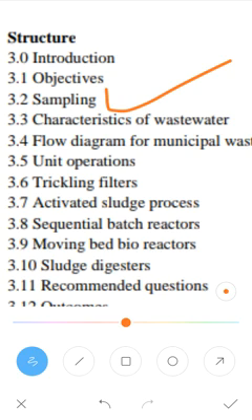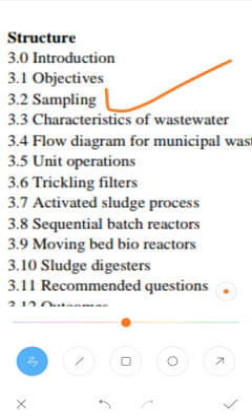By a representative sample we mean a sample in which the relative concentrations of all the components are the same as those of the material being sampled.